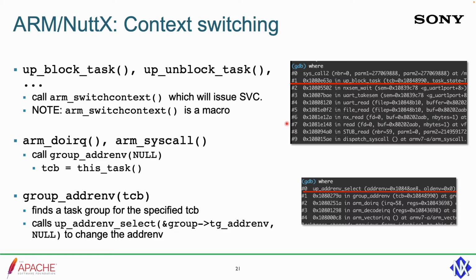In this case, app block task is called from NXSM wait, and it calls switch context to issue SBC instruction, supervisor call instruction. And when a user input happens, do IRQ is called, and then calls a group address env to change the address environment associated with the task.